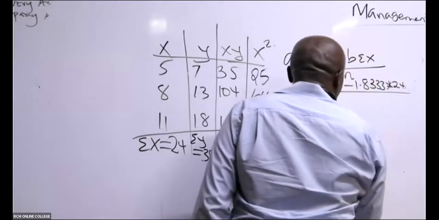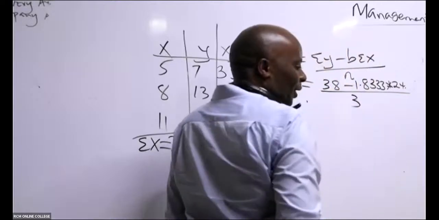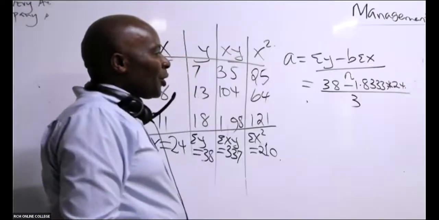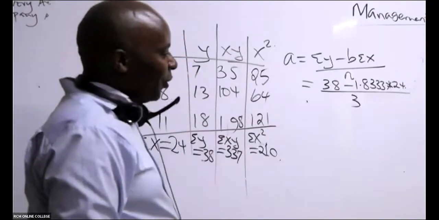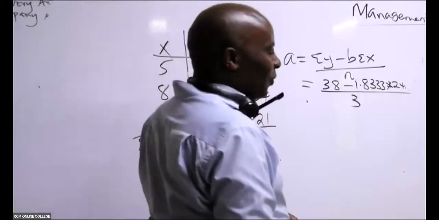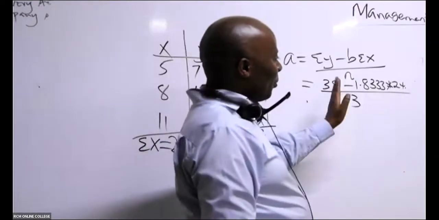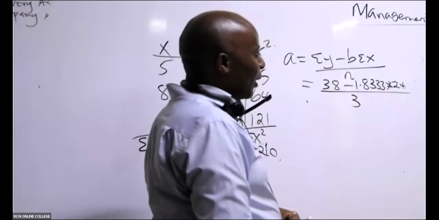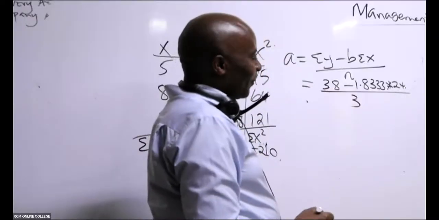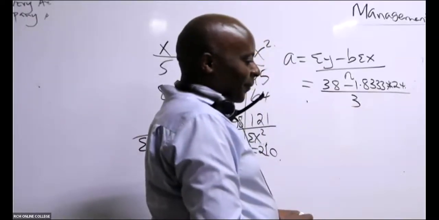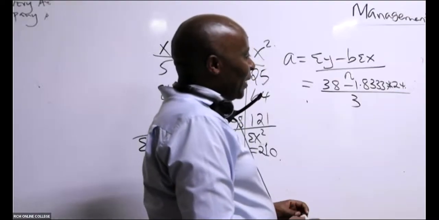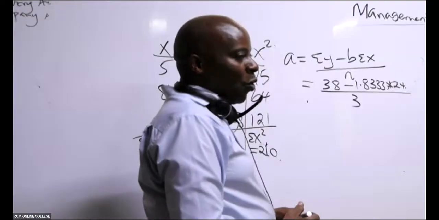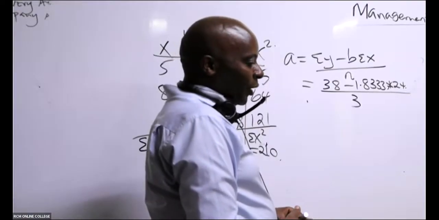And how many points are there? There are 3 points. So can you kindly give me the numerator? 38 minus 1.8333 times 24. That will end up giving me what figure?